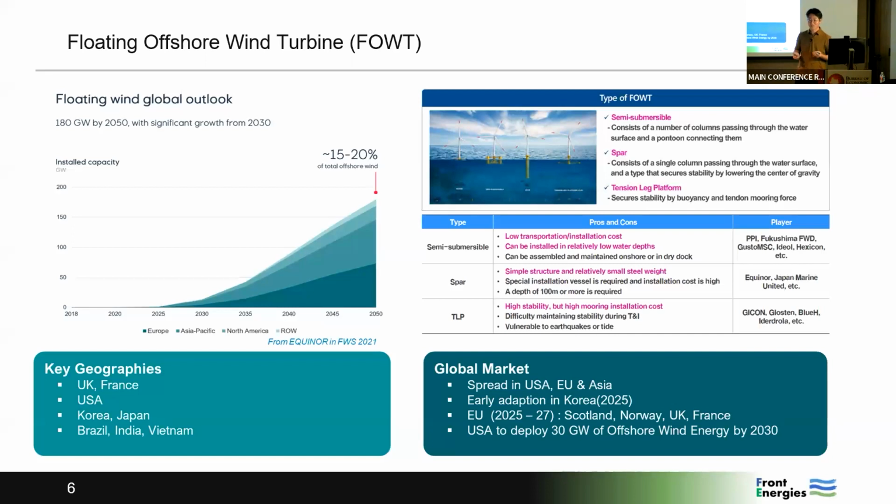Quayside integration means that they can build all the structure in the quayside, the shipyard, and then bring this hull to the operating place and just do the operation. Very easy. Spar is very lengthy, so it cannot be built in the shipyard. They bring the spar hull to the very deep water position, and then make it stand upright, and then install the topside and the turbine. So an additional offshore operation is necessary.